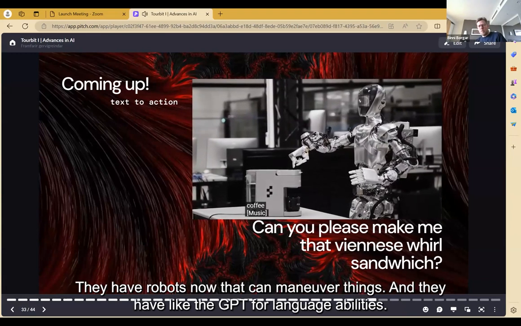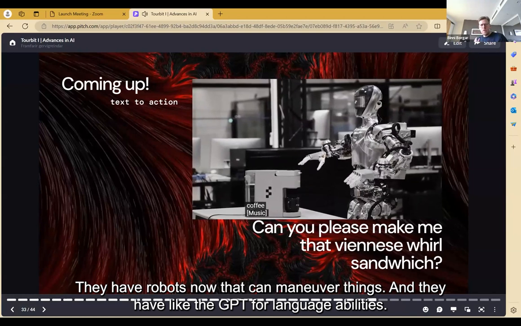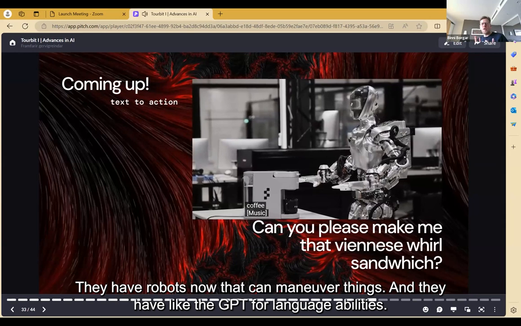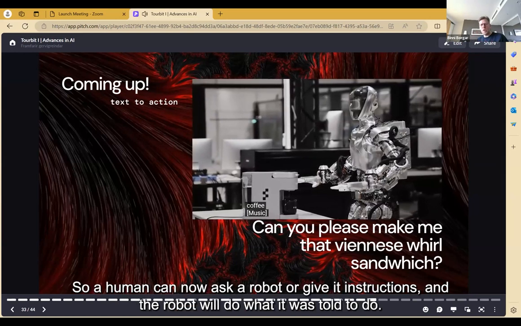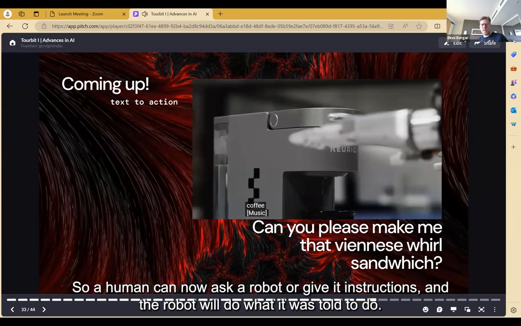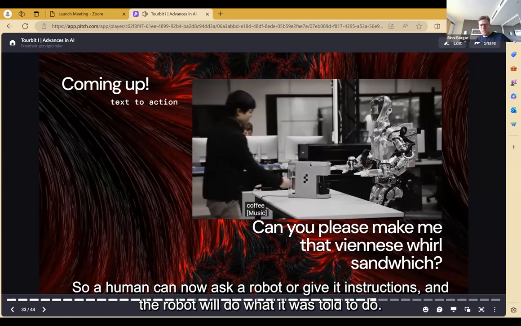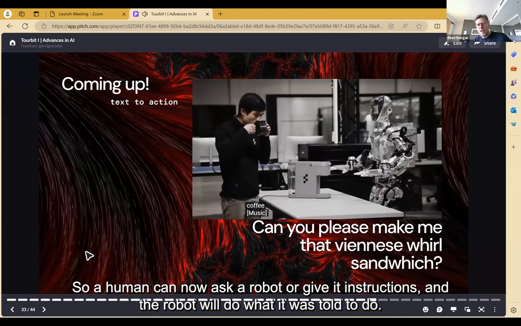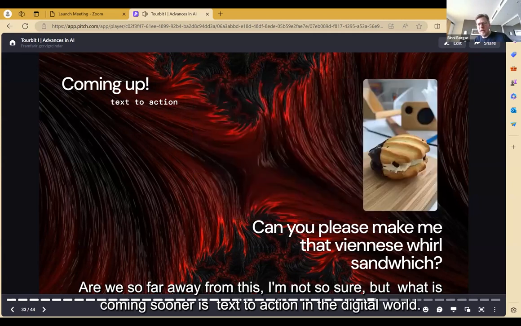They have robots now that can maneuver things, and they have the GPT-4 language abilities. So a human can now give a robot instructions, and the robot will do what it was told to do. Are we so far away from this?